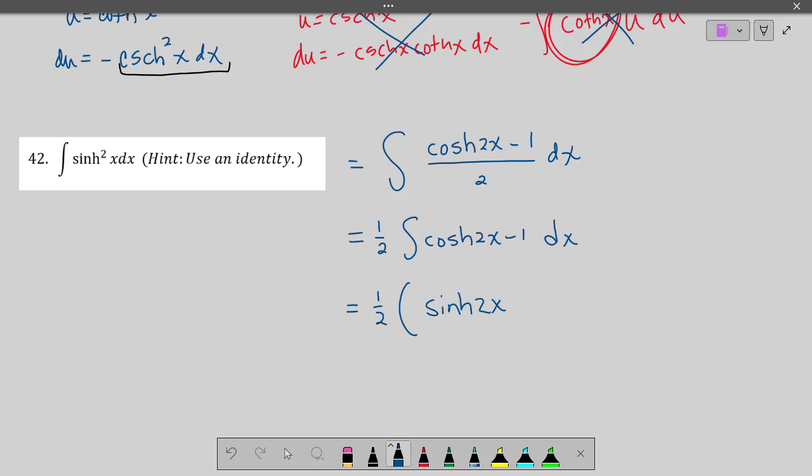It's a linear function of x. So what are we going to do with that? Divide by 2. The derivative of that angle is 2. Because we're integrating, we divide and not multiply like we would if we were differentiating. And then the integral of -1 gives negative x, and then we have a plus c.